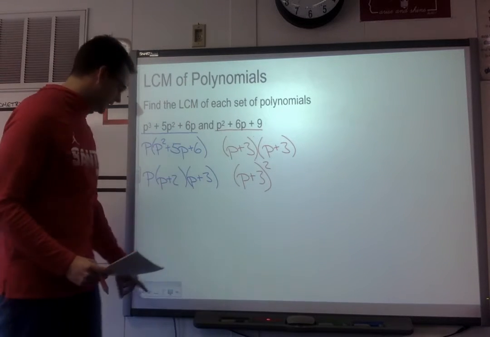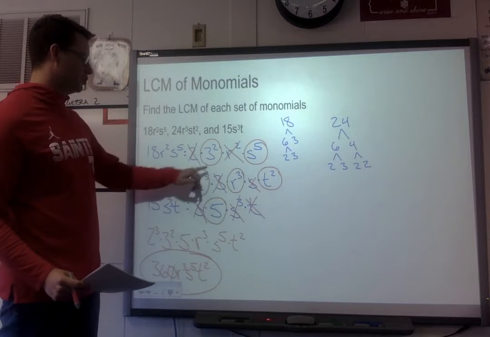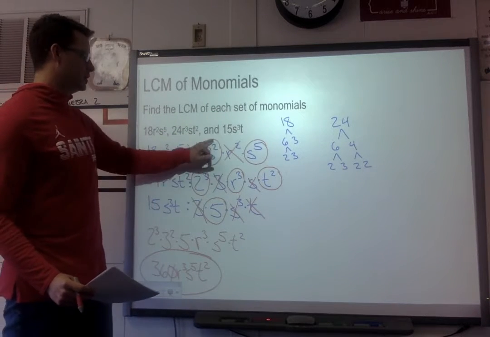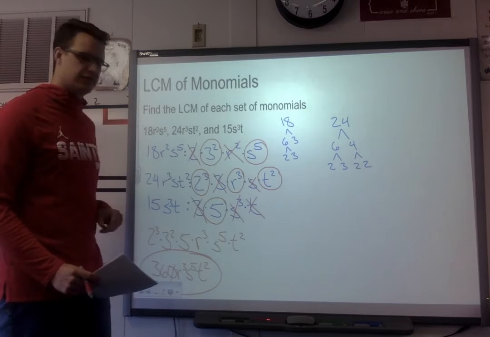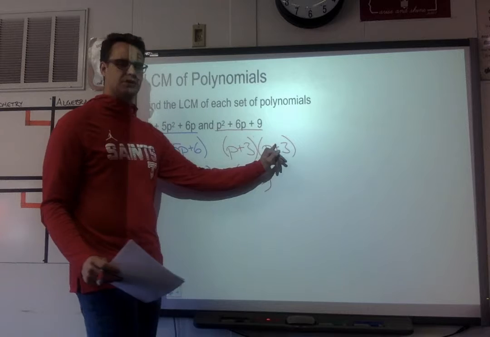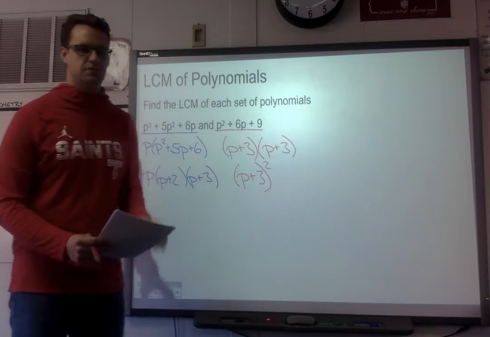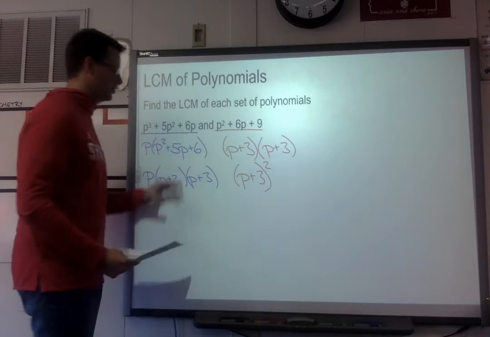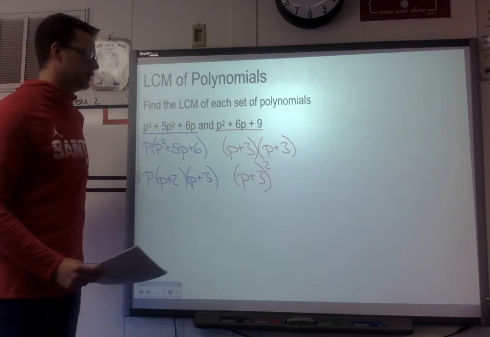Just like on that last slide, where if a term was used more than once in one monomial, we wrote it as 3 squared instead of 3 times 3. You would do the same thing here. Instead of p plus 3 times p plus 3, you would use p plus 3 squared. So those are the factored forms of our 2 polynomials.